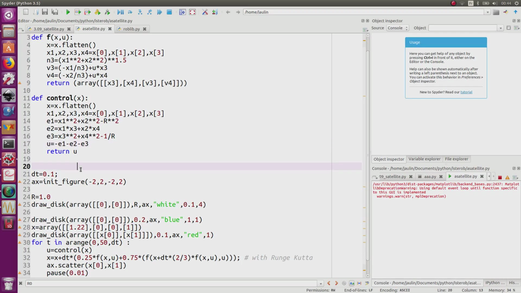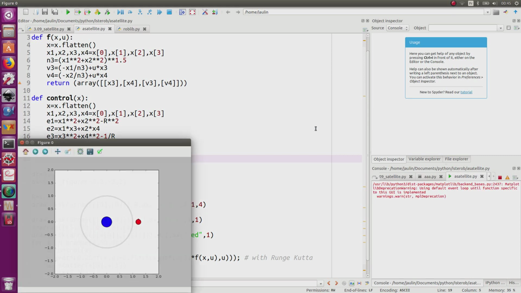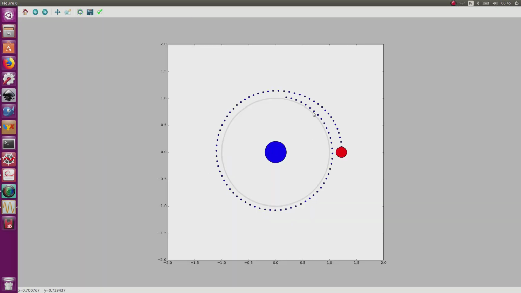On my Python program, I can increase the derivative coefficient by multiplying the second error by 5, or something stronger. So we can see that it takes more time to reach, but there is no overshoot. It goes directly to the circle.